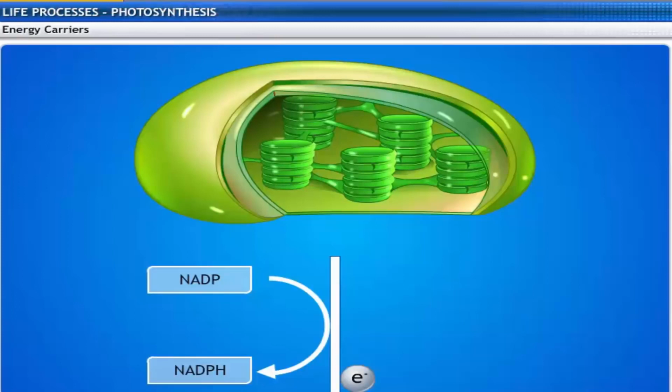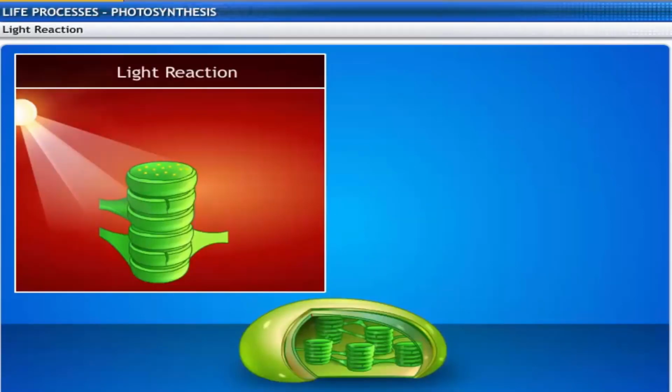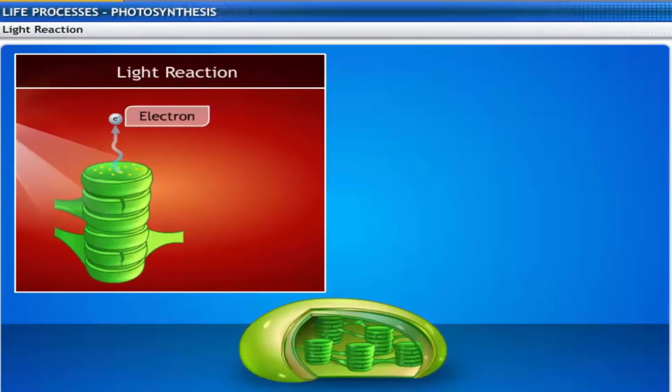As the name suggests, light reaction takes place in the presence of sunlight. Using light energy, water molecules split up to release oxygen. The chlorophyll in the thylakoids of chloroplast traps light energy and excites an electron.